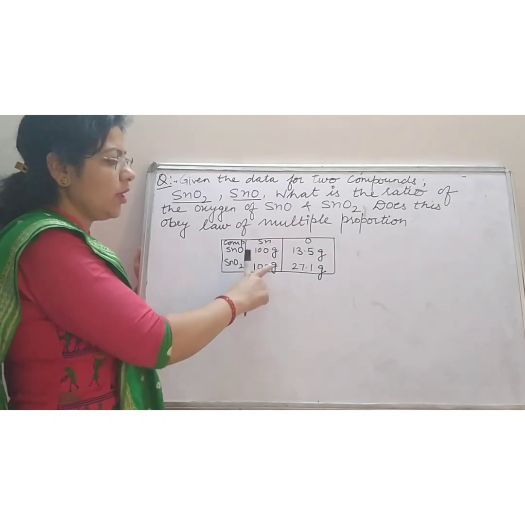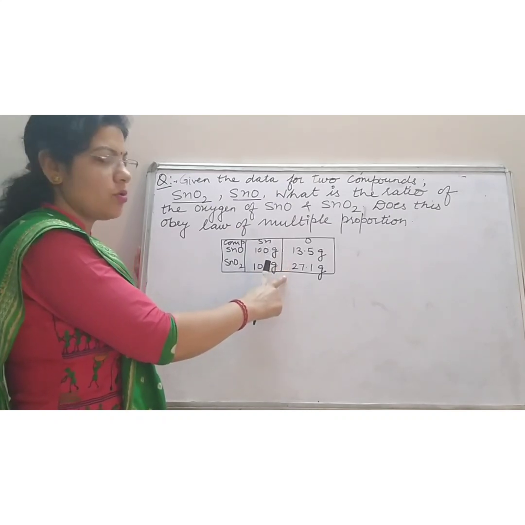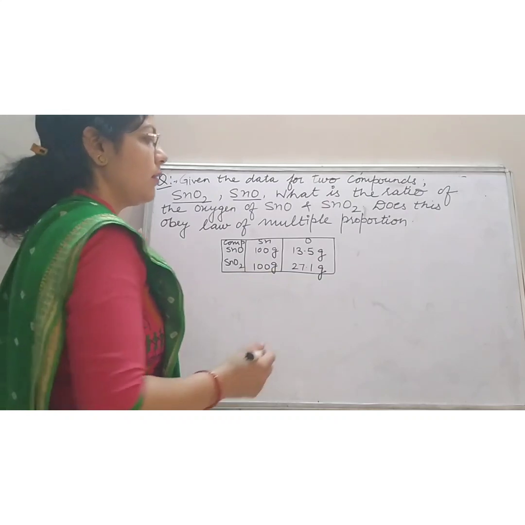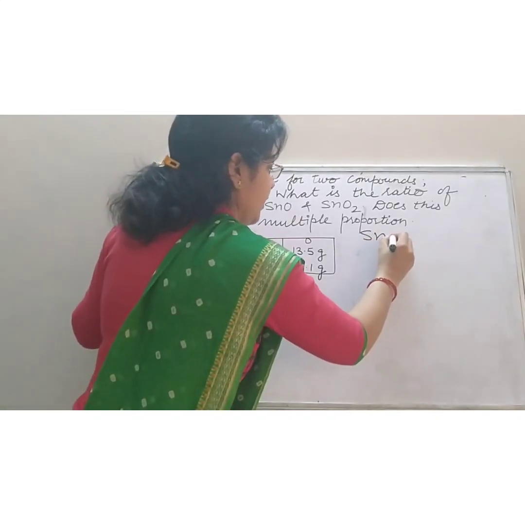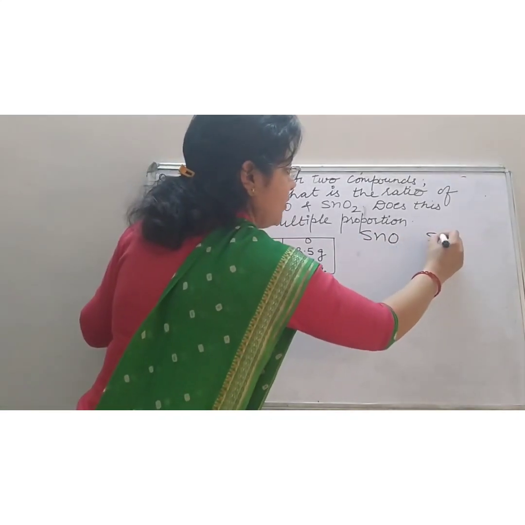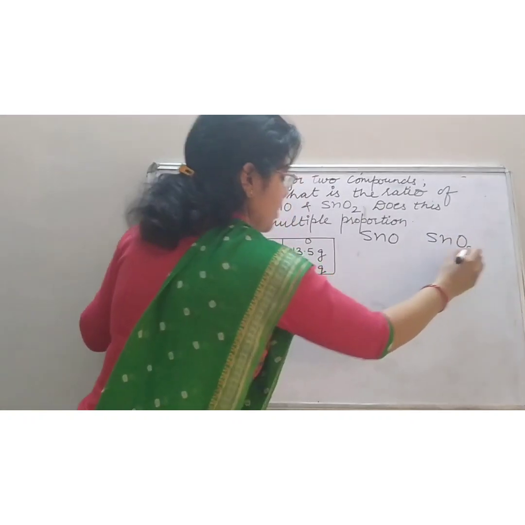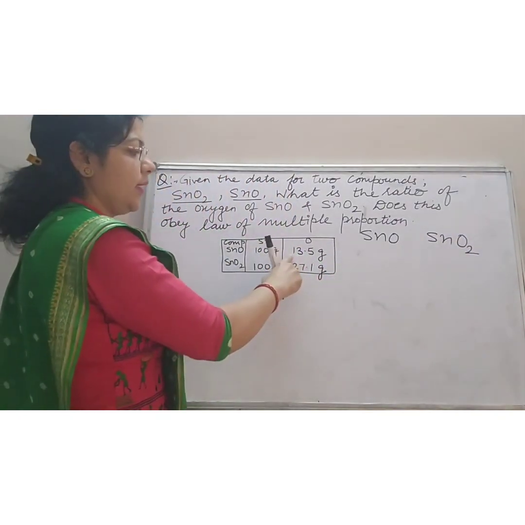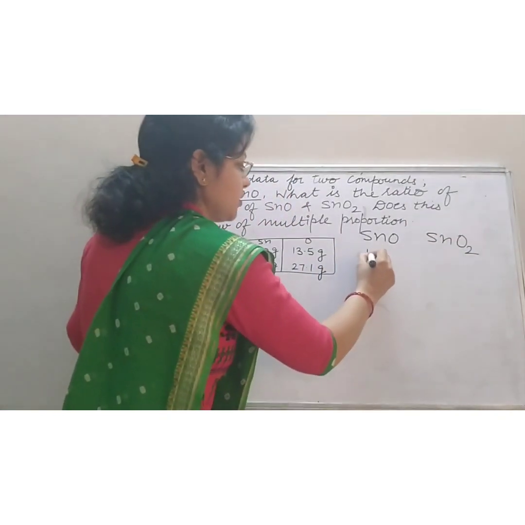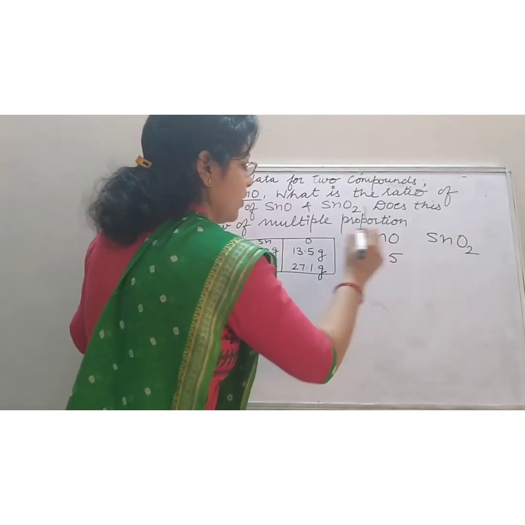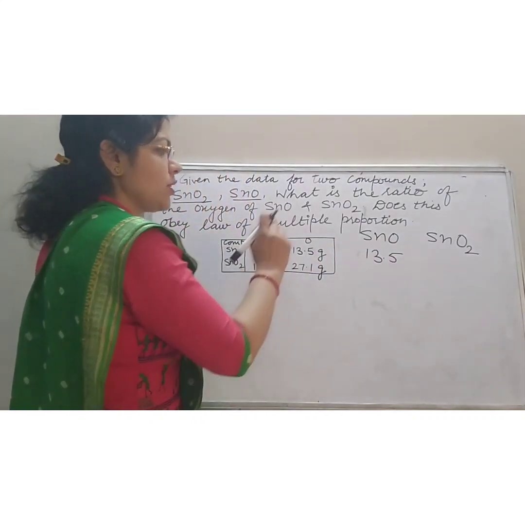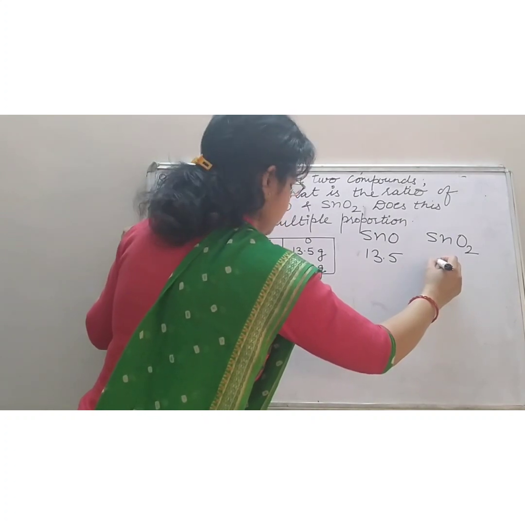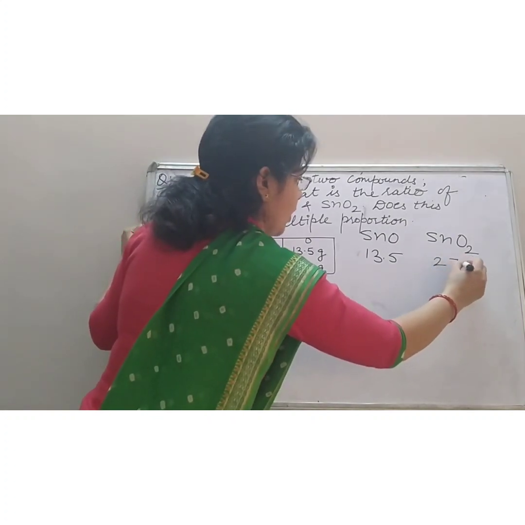Now we have to calculate the ratio of masses of oxygen, that is in tin dioxide and tin monoxide. In tin monoxide, the amount of oxygen is 13.5, and in tin dioxide, the amount of oxygen is 27.1.